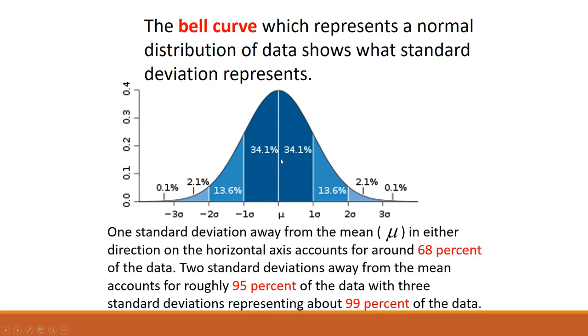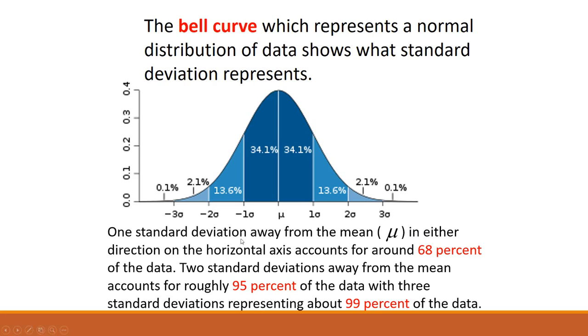So in a standard normal distribution, 34.1% of all the data in this random variable falls between the mean and one standard deviation above the mean. Another 34.1% of the data falls between the mean and one standard deviation below the mean. So basically, the standard deviation can help us to know what proportion of our population falls within a particular range.